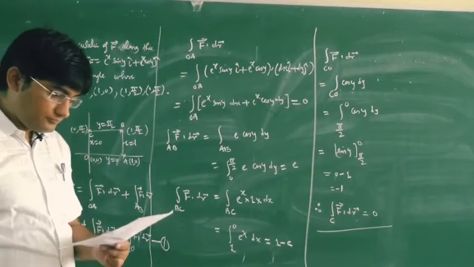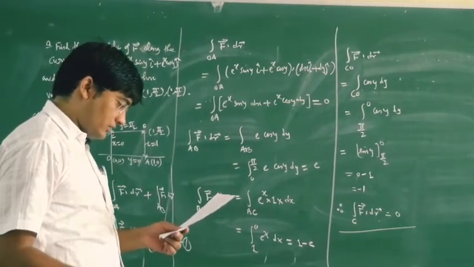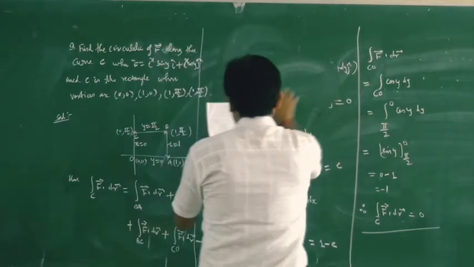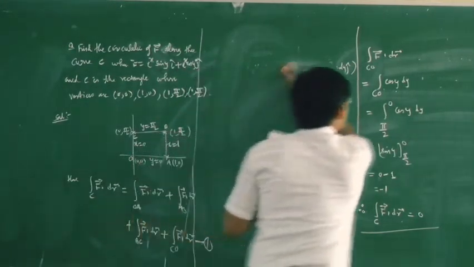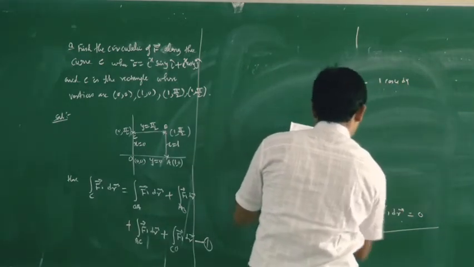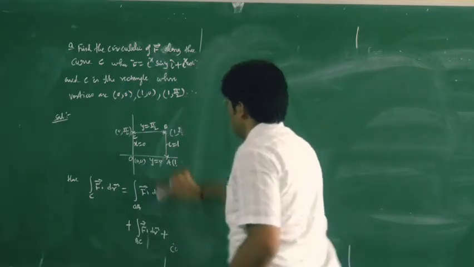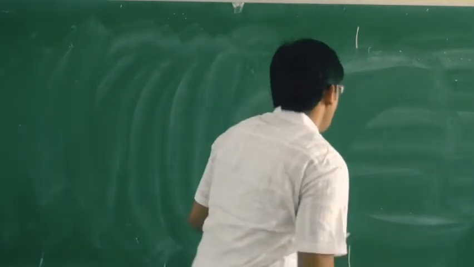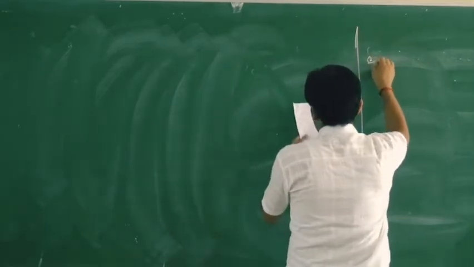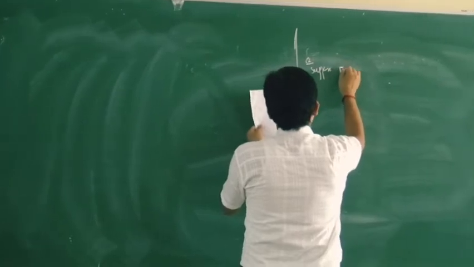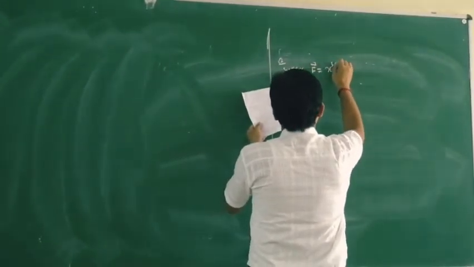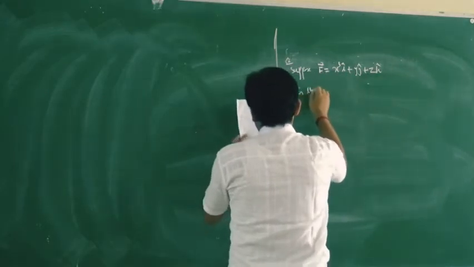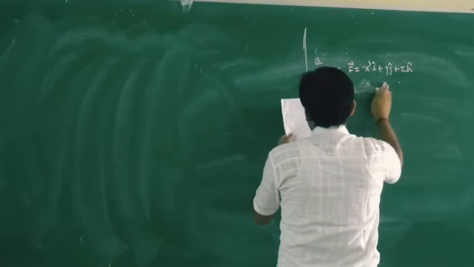Now our next question is to find: suppose F is equal to x cube i plus y j plus z k is the force field.